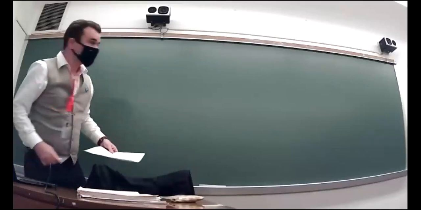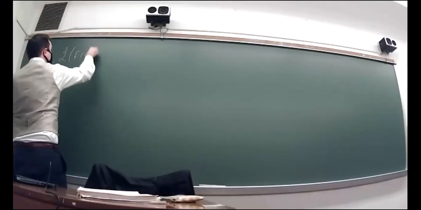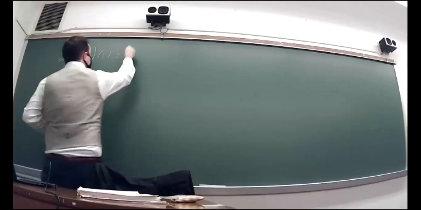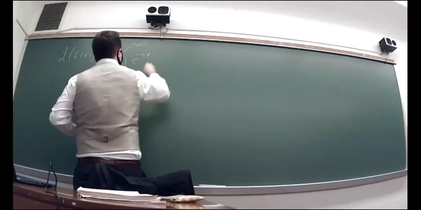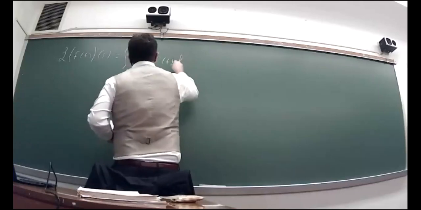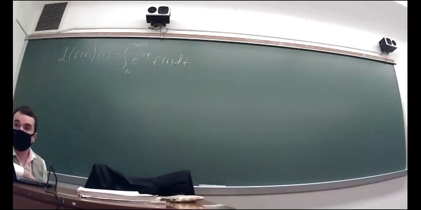So recall that the Laplace transform of a function f of t outputs a function of s. What the transform does is multiply by e to the minus st and integrate from 0 to infinity.